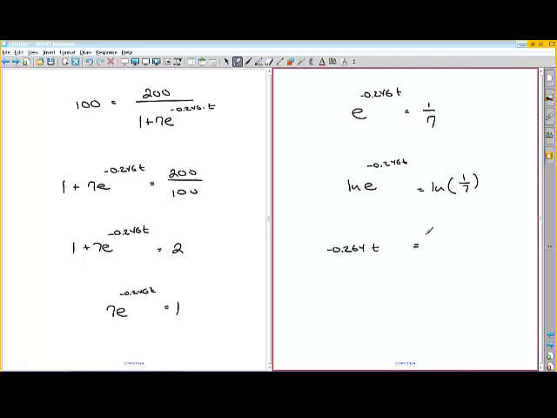Natural log of 1/7. Again, it should be a negative number. Negative 1.94. So if we divide both sides by this number, I get 7.4 years.